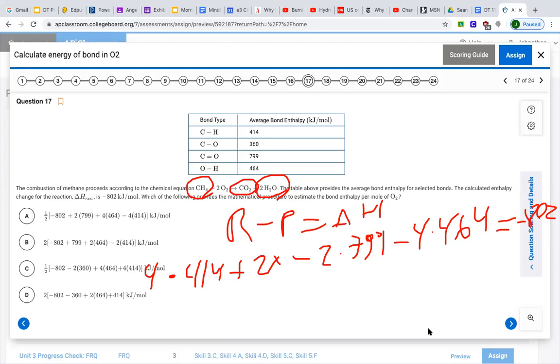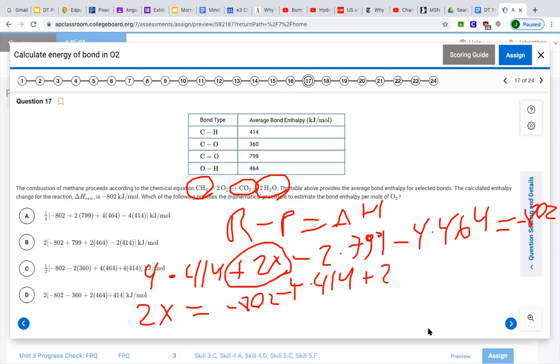Okay, and you really want to isolate your 2x, right? So you get 2x equals negative 802 minus 4 times 414, plus 2 times 799 plus 4 times 464.